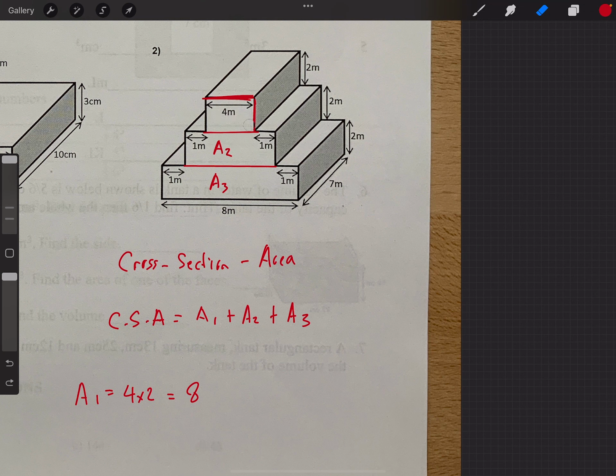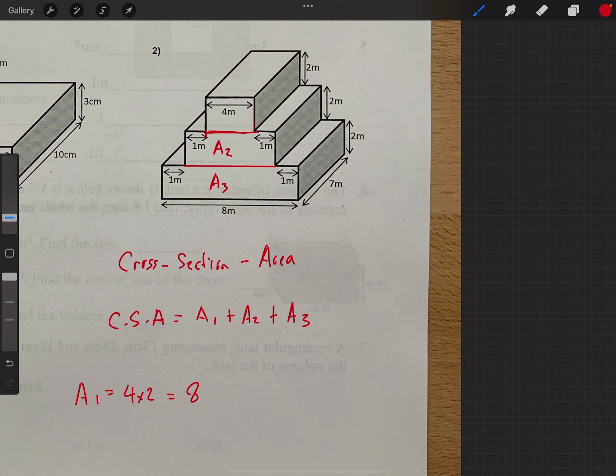A2 is, let me see, whoops, let me just get rid of this for a second. So we know this piece here is 4, and this is 1, that's 5, that's 1 is 6, so that means this whole length from here to here is 6.